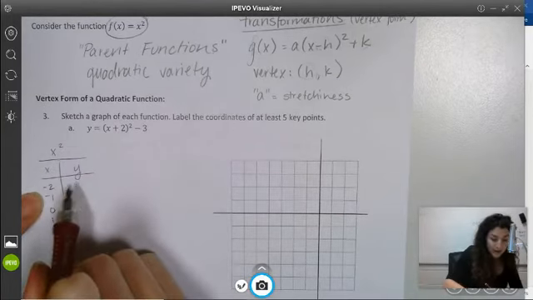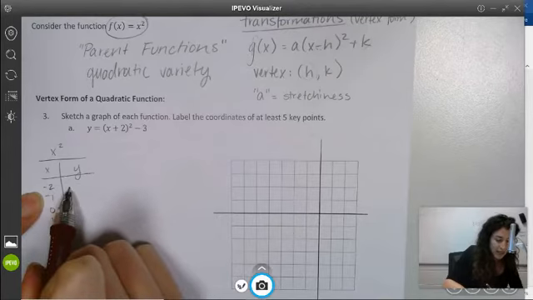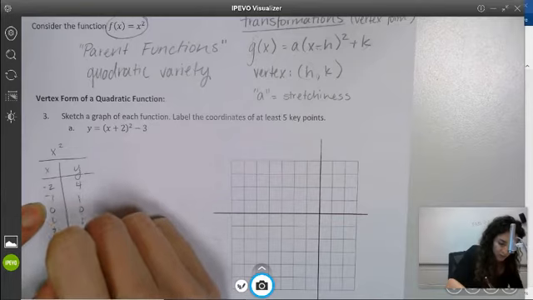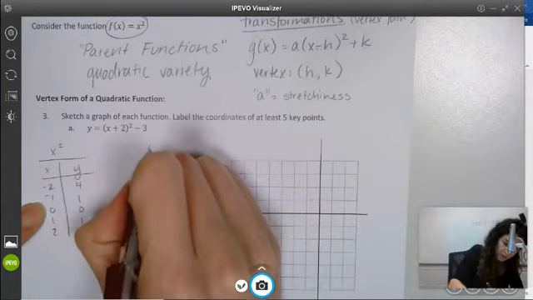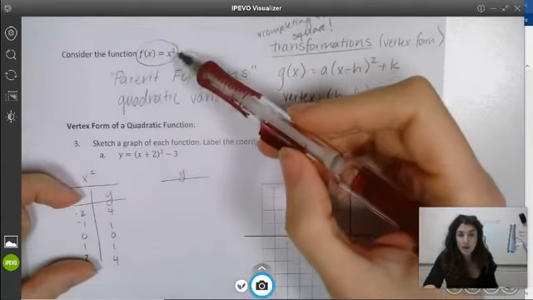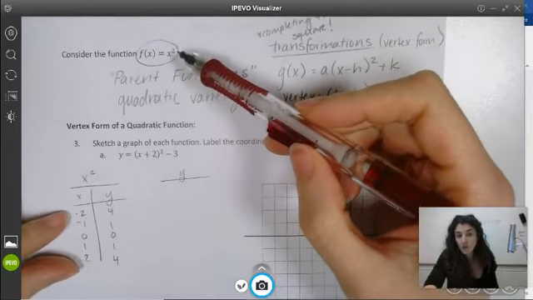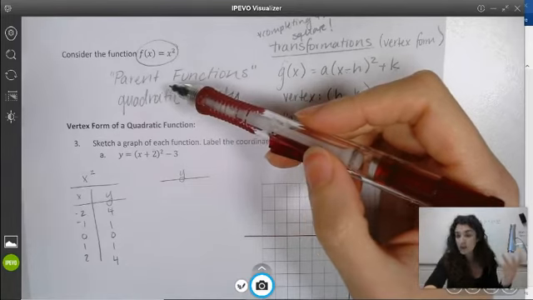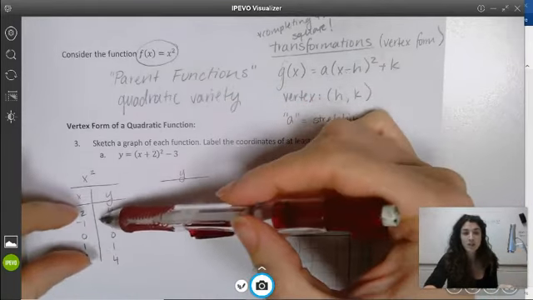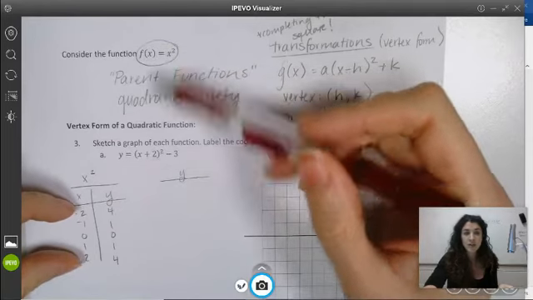And our y value then becomes -2 squared is 4, 1, 0, 1. So I just went ahead and found points from our parent function, right? I just did -2, -1, 0, 1, 2, which are normal inputs for x values when we're trying to graph something. Here are the outputs by just plugging in these values into our parent function.